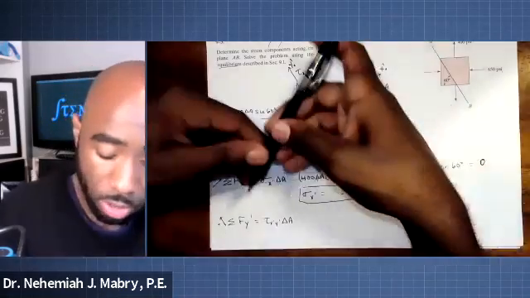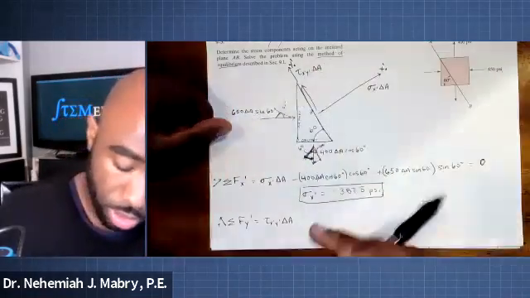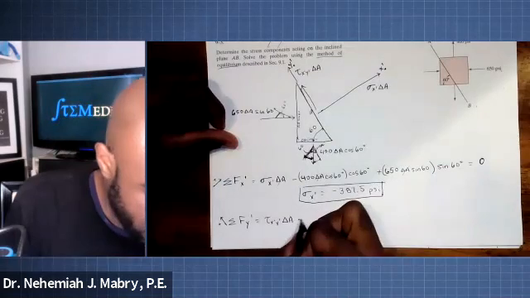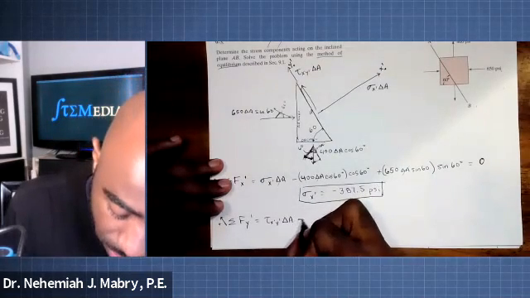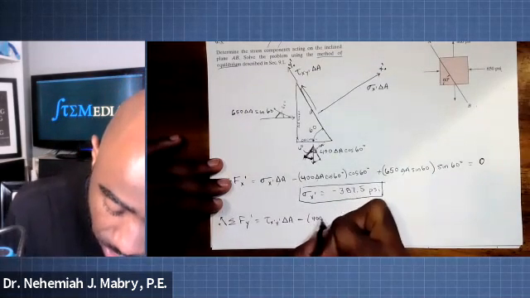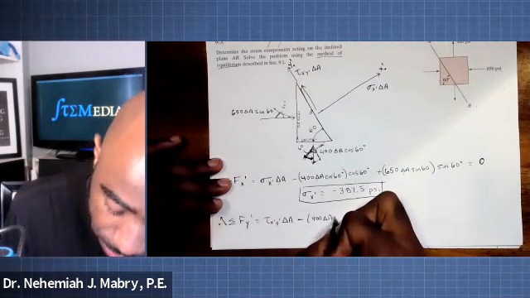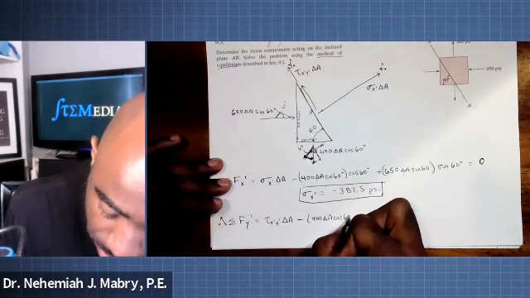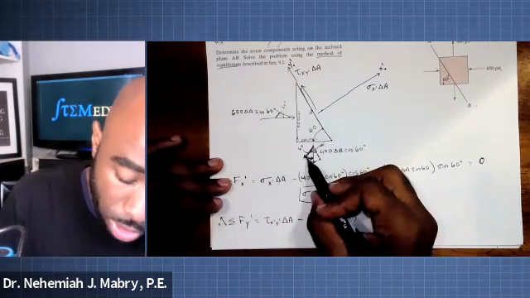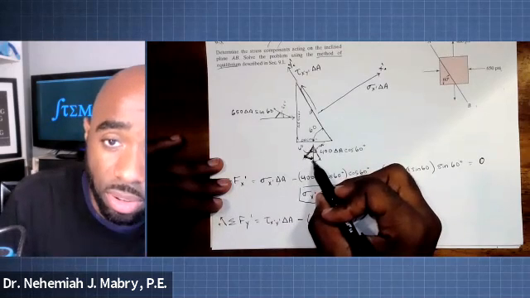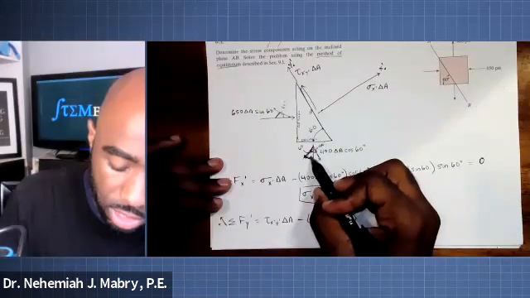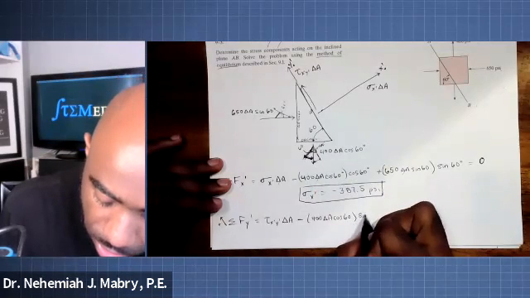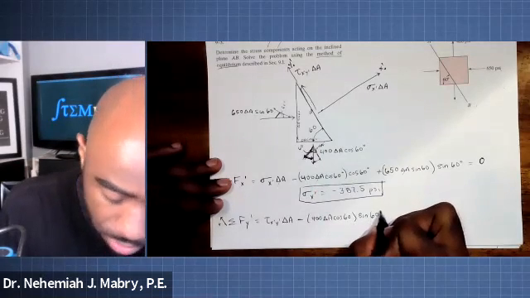Well, if this is the angle coming out this direction and it's going down, that's actually going to be a negative, another negative 400 delta A cosine 60. And which component? Well, this is the part of the triangle adjacent to the 60 degree angle. So that is going to be sine 60 degrees.